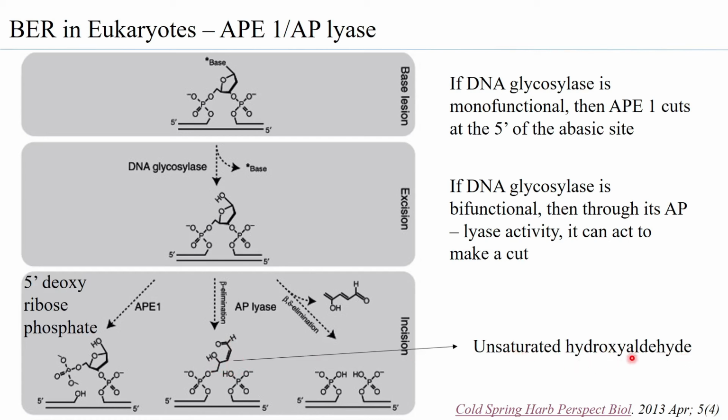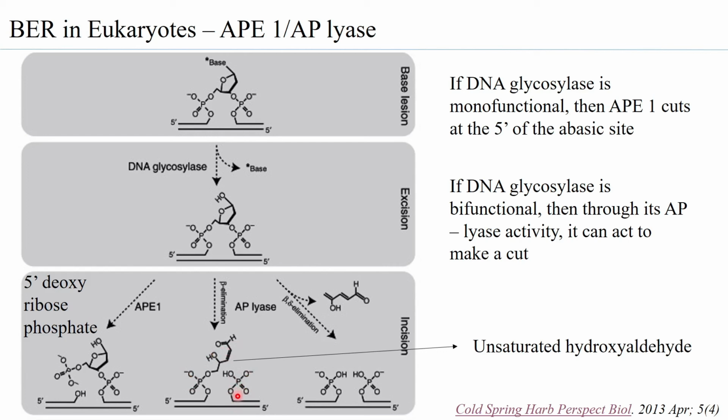This unsaturated hydroxyaldehyde that is formed is equivalent to the 3' deoxyribose phosphate, correct? So in this APE1 case, you have the 5' deoxyribose phosphate being formed, while in the case of AP lyase, you have the 3' equivalent, 3' deoxyribose phosphate being formed, leaving a 5' phosphate free in this case.